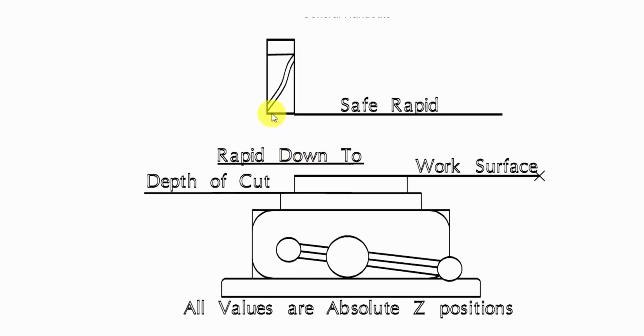Your cutter may be 100 or 200 mil above the workpiece, and you don't want that to move painfully slow down towards the workpiece. You do want it to engage the workpiece slowly and carefully, but the safe rapid level is where the machine just moves out quickly to the left in this case. The rapid down to level is where the machine will move down to quickly before it starts taking account of the feeds and the speeds and the rotation speeds, and then slowly engage in the workpiece.